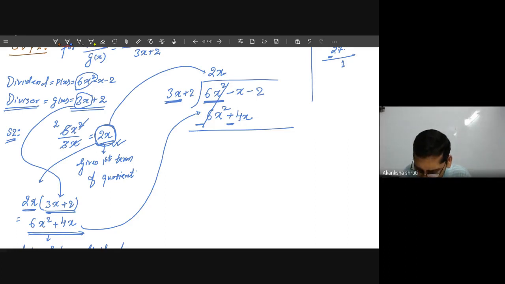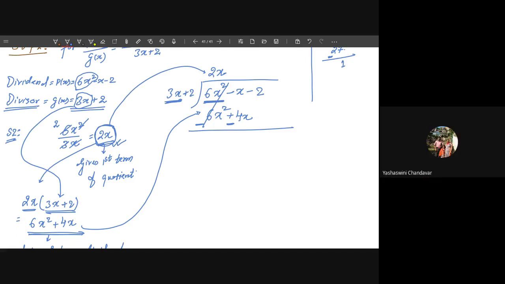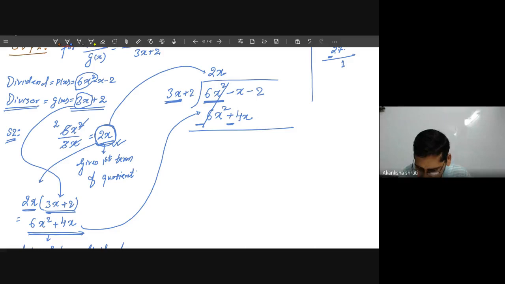Now coming to the next one. This is minus x. The next term is minus 4x. Minus x minus 4x, how much? Students, just tell me. Sir, can you repeat? Yes, see, what we have written was 6x square plus 4x. How we have obtained that I have explained and also written in this arrow form, the lower arrow.